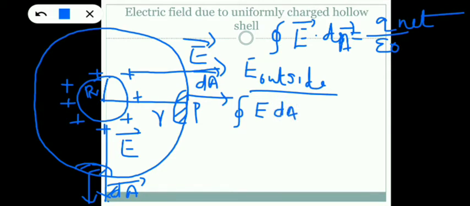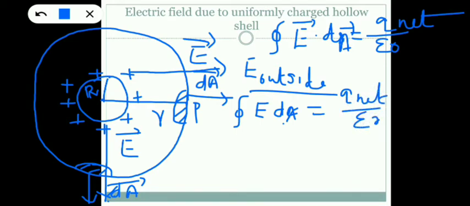And what is the angle between electric field vector and the area element dA? Yes, it is always 0. So cos theta is cos 0, and you know cos 0 is 1. So integral E dot dA will be E dA equal to Q net by epsilon naught.